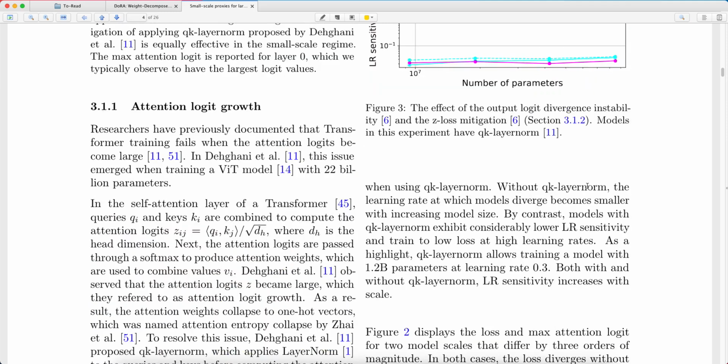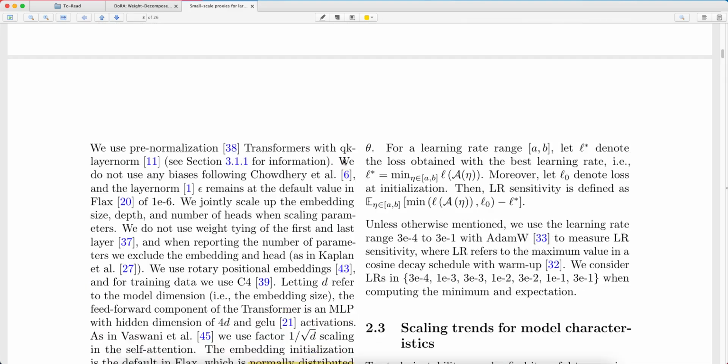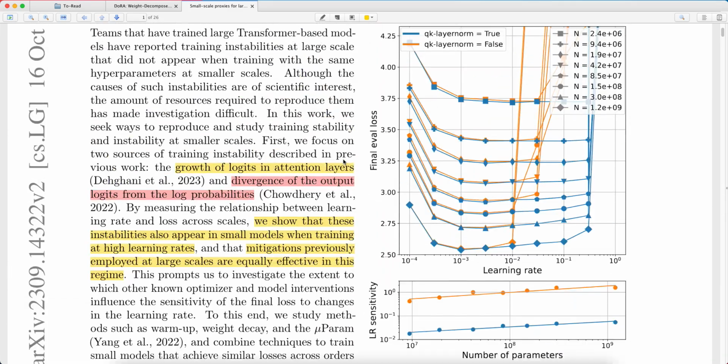Without qk-layer norm, the learning rate at which models diverge becomes smaller with increasing model size. So diamond is the largest.